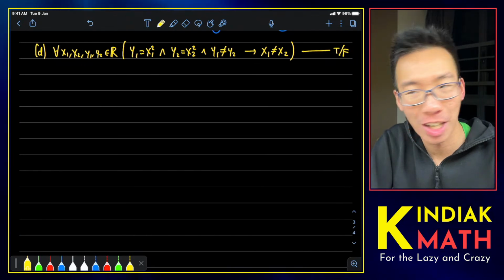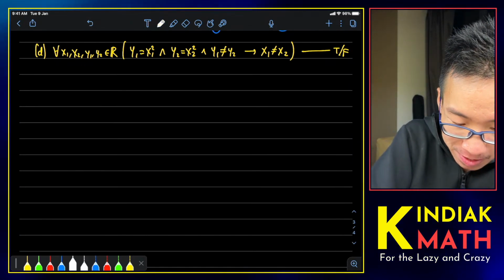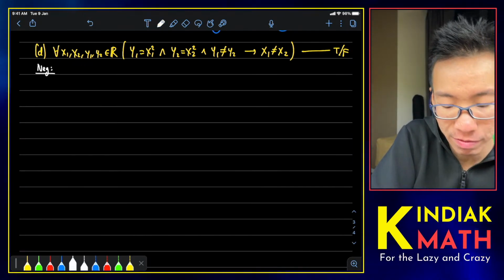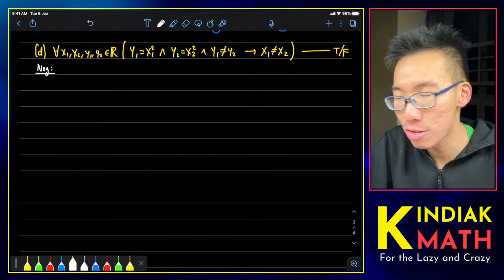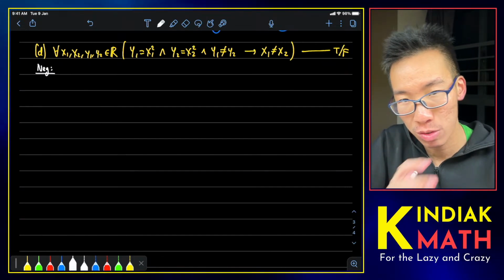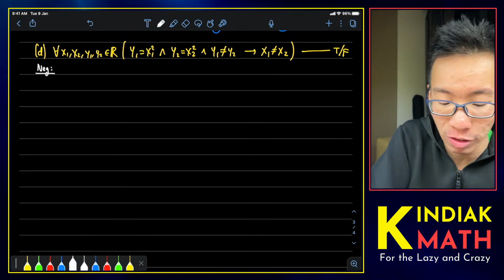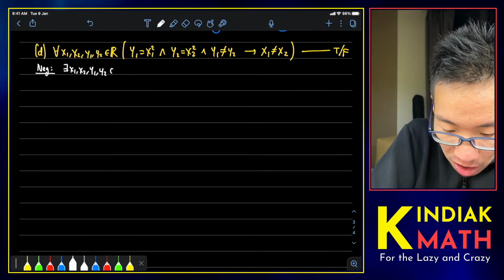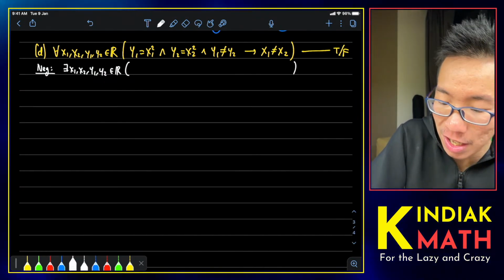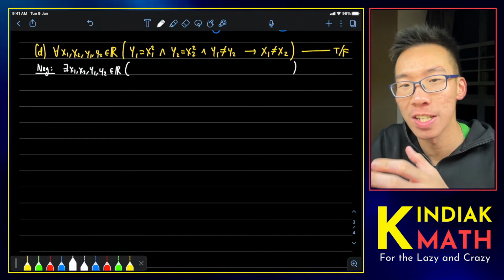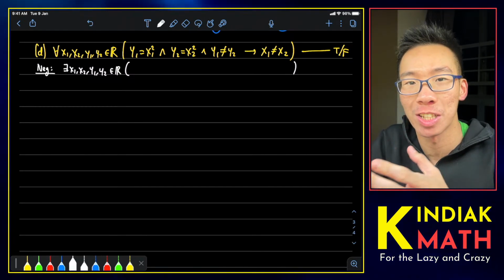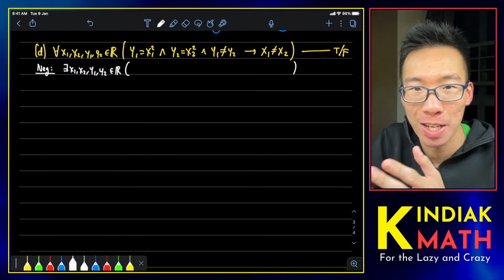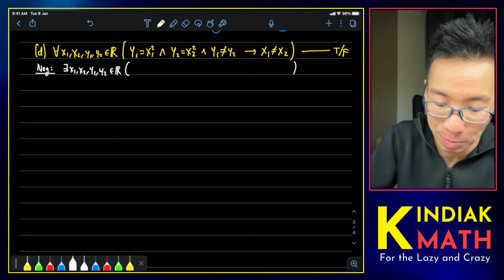So let's work hard to negate the statement once again using very similar techniques. In fact, it's literally the exact same thing except that we've swapped some symbols a bit. So instead of for all, it becomes there exists. And once again, the negation of an implication is, well, the negation of P implies Q is P and not Q.